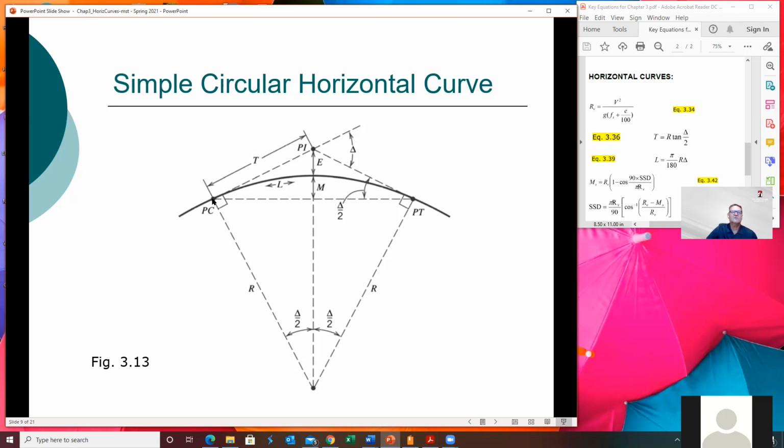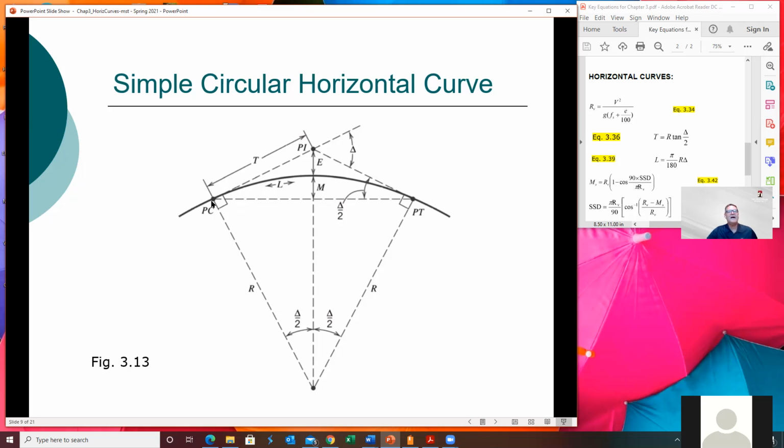The tangent length runs from the PC to the PI, to the intersection of the two tangents, and it's measured along that line. But the length of the curve is measured along the curve itself. This is really important, because if the PC is station 100, then to find the PI you just measure directly along the tangent to get the station of the PI.